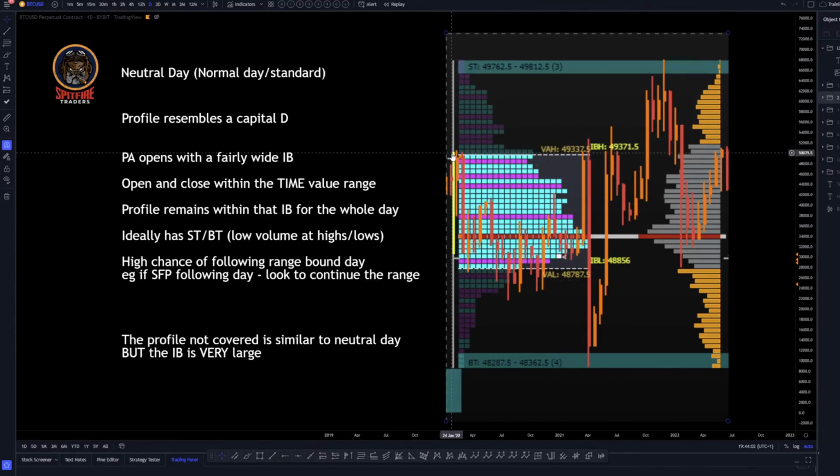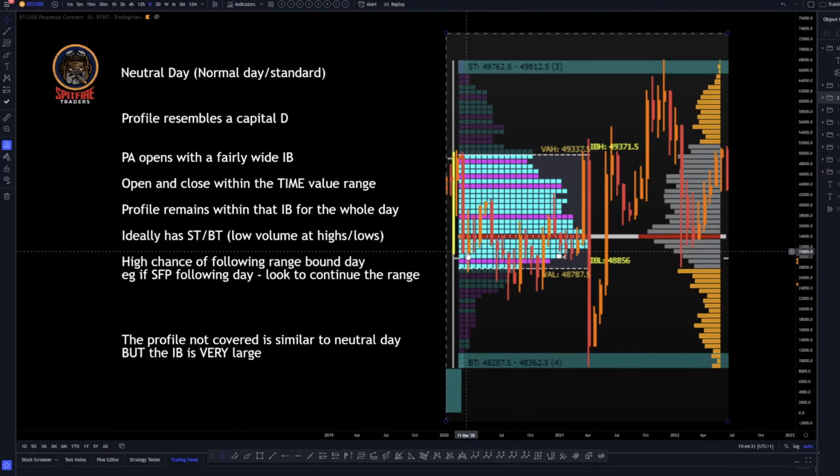This is why I don't want you guys to worry about this, because I don't want you walking away thinking, well, that's a big initial balance, because admittedly, that is a large initial balance. So what's the difference between this and the other profile, which funnily enough is also called a normal day or a standard day? This is why it gets a bit complex and confusing. I don't want you guys to worry about that, because I don't work that way. I personally do not look at them any other way.